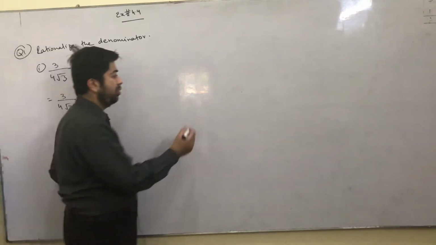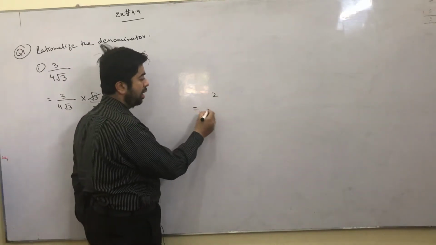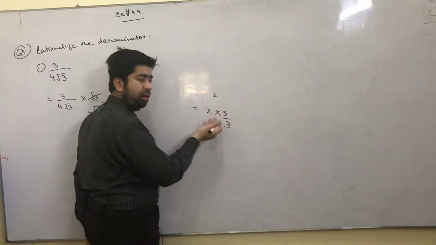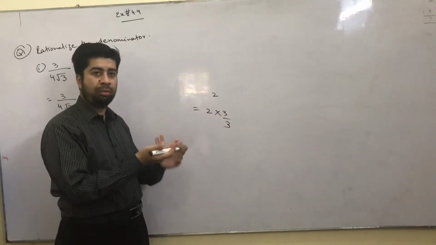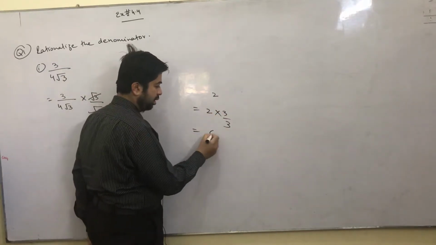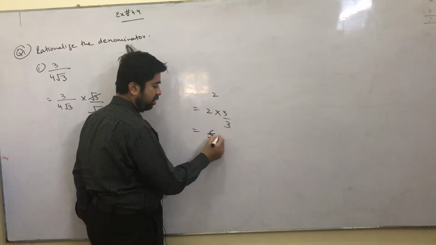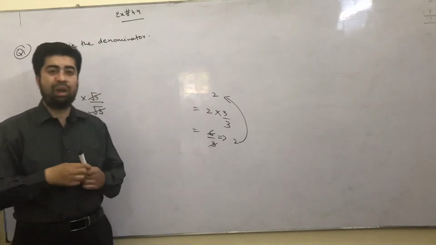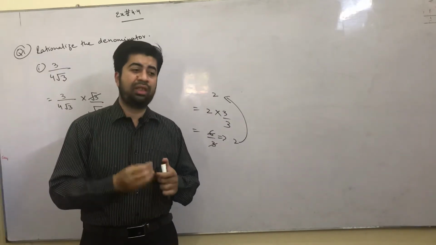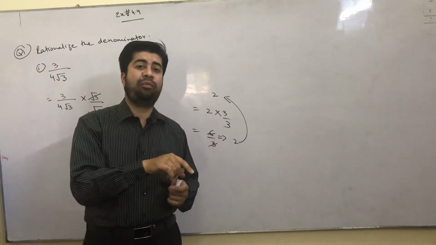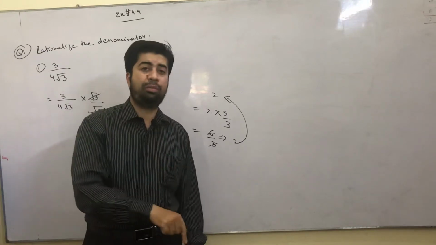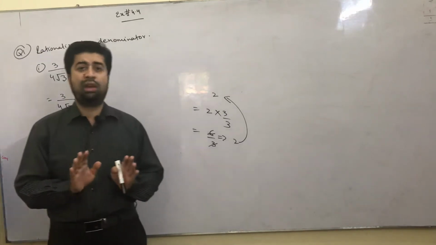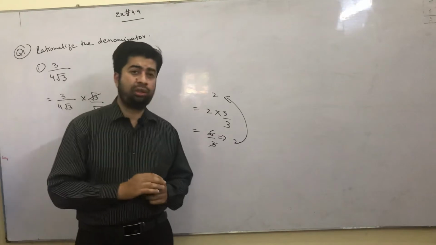See, if there is 2, can I write this 2 as multiplied by 3 and divided by 3? There is no difference, because 2 threes are 6, divided by 3, 3 ones are 3, 3 twos are 6. Again the answer is 2. So when we multiply with the same number and at the same time divide with that same number, there is no difference in the question.